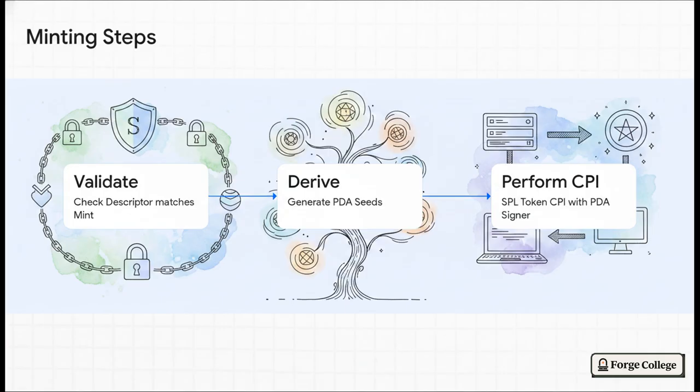You don't want that. Step 2. We use our descriptor and that clever little bump we just saved to perfectly derive our PDA seeds. And finally, step 3, we perform the cross-program invocation, the CPI, to the standard SPL token program, injecting our derived PDA seeds. That way, the Solana runtime can securely sign the transaction on our program's behalf.